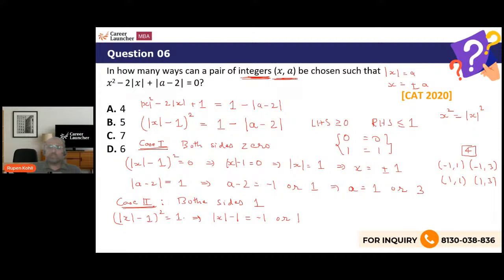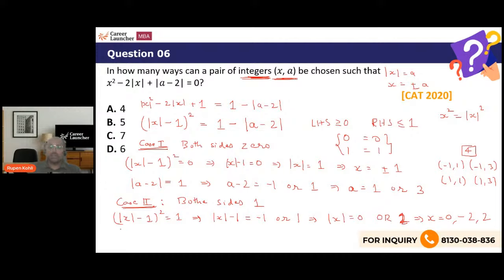So this expression is either minus 1 or 1, which further tells me that mod x is either 0, when mod x minus 1 is minus 1, or mod x is equal to 1 plus 1, 2, right? Mod x is either 0 or 2. If mod x is 0, then x can only be 0. If mod x is 2, then x can be either minus 2 or plus 2, right? We get these three solutions, isn't it?